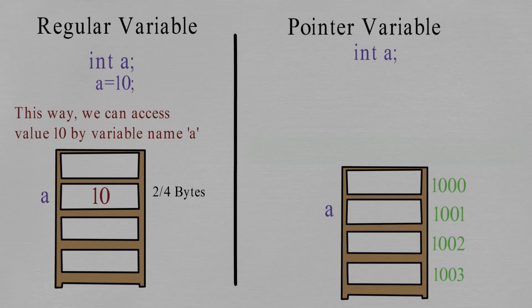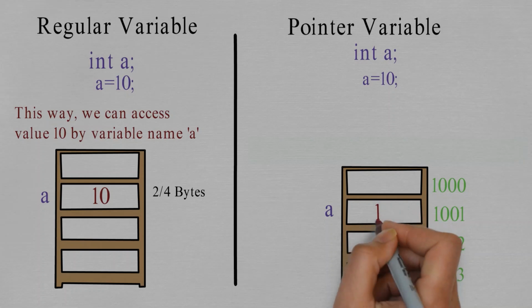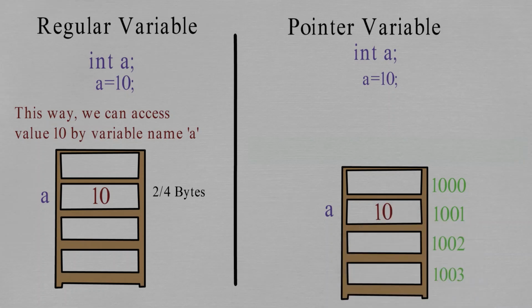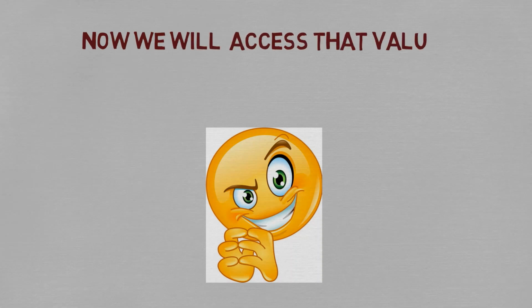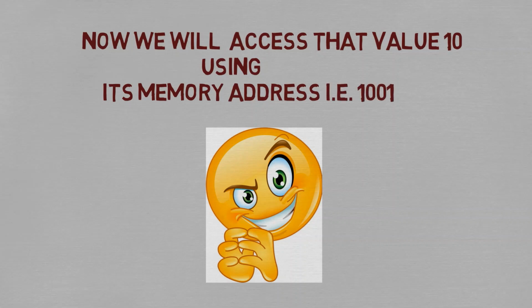And when you write an instruction like a = 10, it recalls that address 1001 and stores the value at that particular location only. As we saw in the last video, pointers are nothing but accessing that value 10 using its memory address. So that's what we are going to study in this video: accessing value 10 using address 1001.